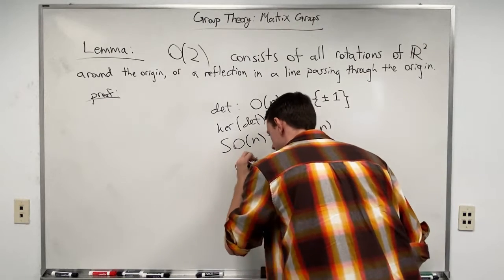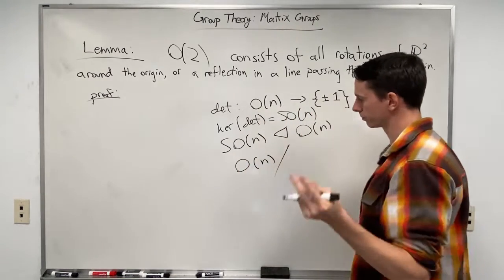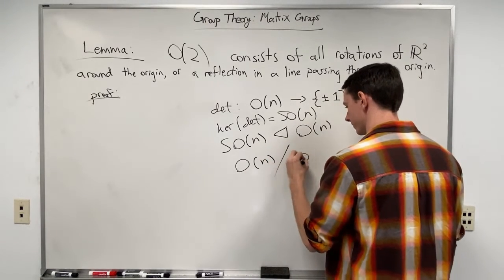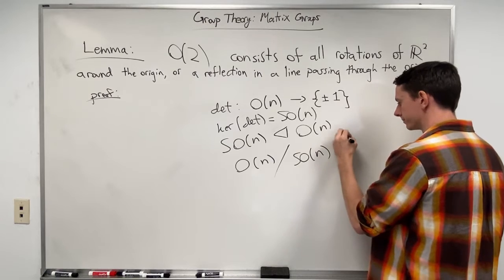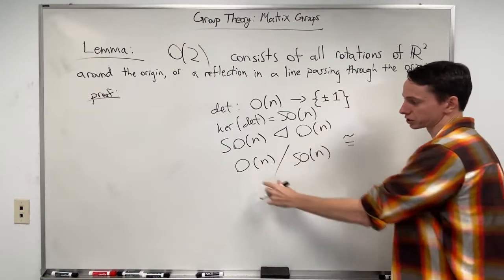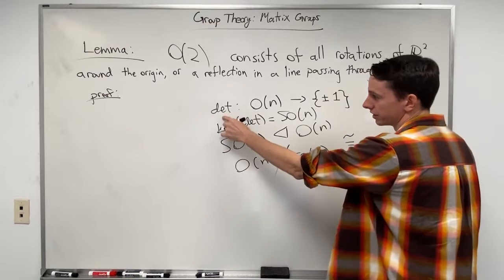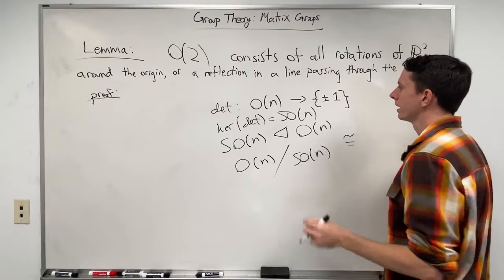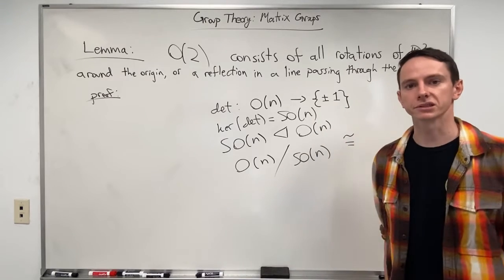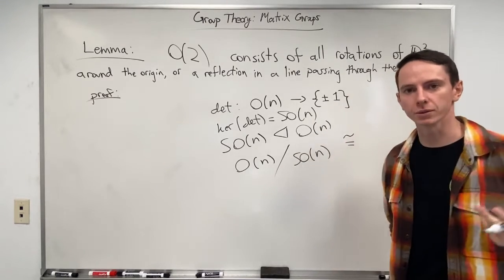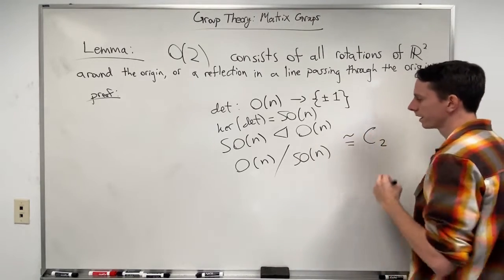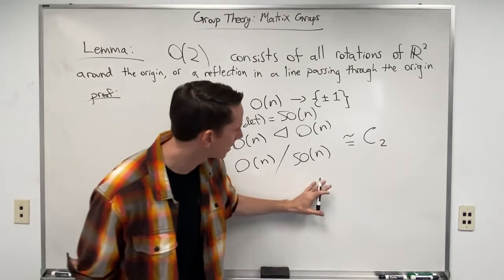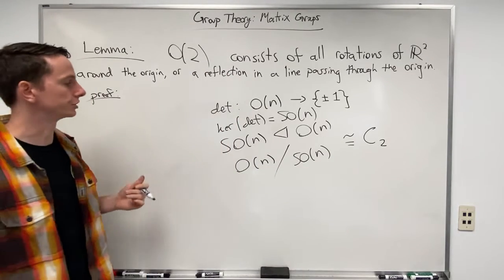Specifically, we can take ON and take the quotient group with the normal subgroup SON, and it's going to be isomorphic to the image of the determinant function. The image is just a set of two elements, and we know that any group that has two elements has to be isomorphic to C2. So this tells us that the quotient group, ON divided by SON, is isomorphic to C2.